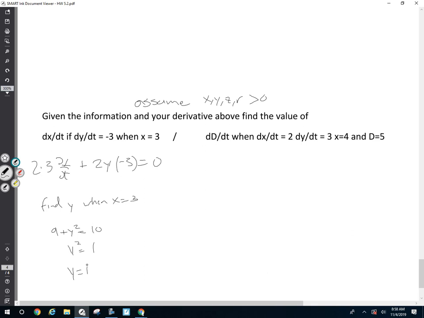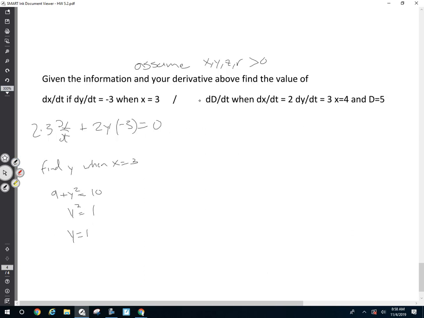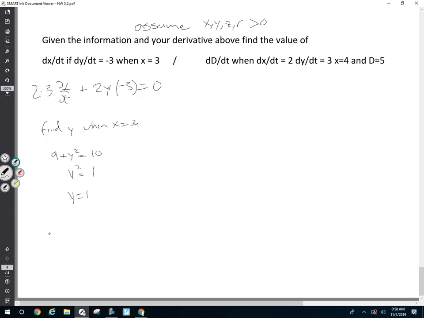So when y is 1, now I get 6 dx/dt plus 2 times 1 times -3 equals 0. 6 dx/dt plus -6 equals 0. Add 6, divide by 6, I get dx/dt is 1.